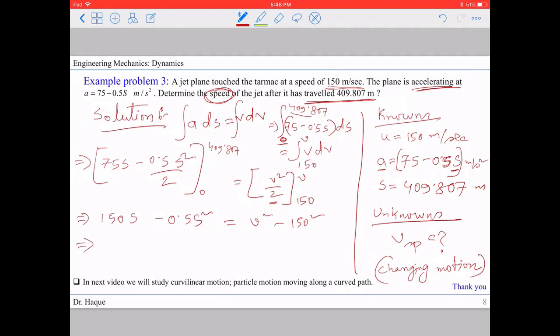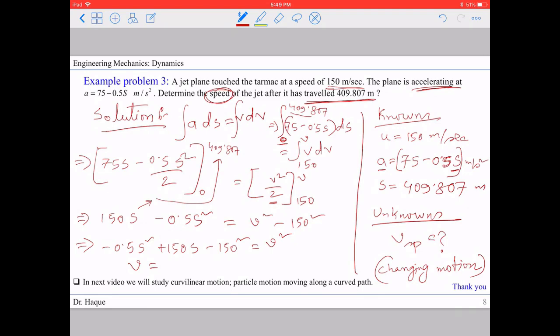So if we take everything on the other side and plug in s equals 409.807, we get the equation: negative 0.5 s squared plus 150 s plus 150 squared equals v squared. If we solve this, we can get the value of v.